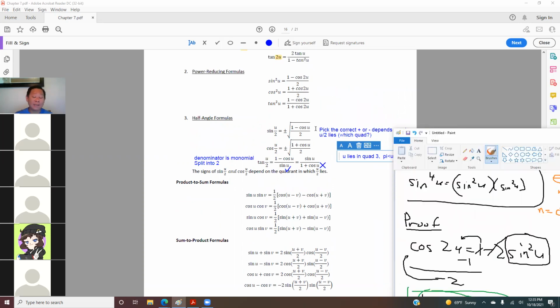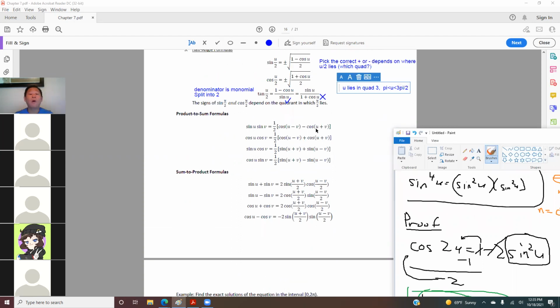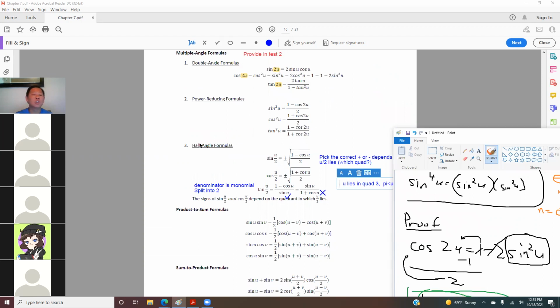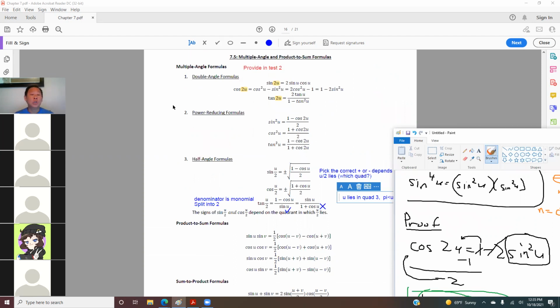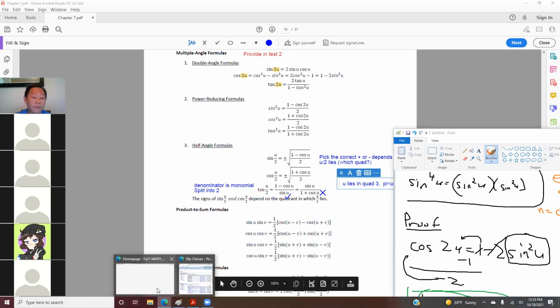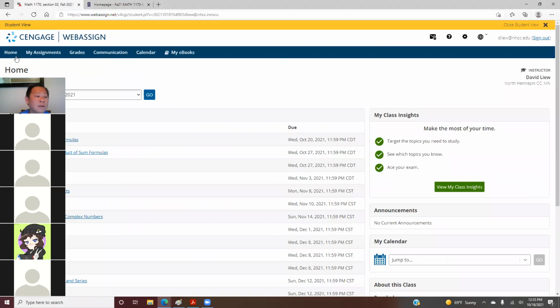As I told you, this is very important, because when you look at your homework, it will tell you what formula to use. They will say use the double angle formula, use the power reducing formula, use the product to sum formula. If you look at your homework 7.5, I'll show it to you here so you can see it.